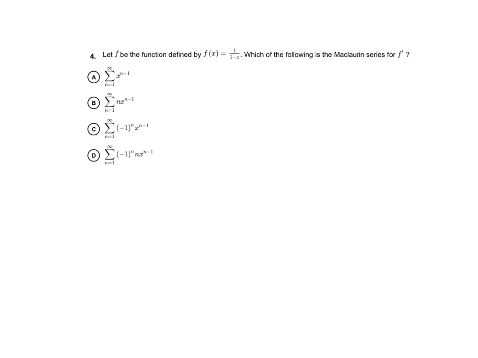Okay, this next one: let f be a function defined by that, which of the following is a Maclaurin series for f prime?